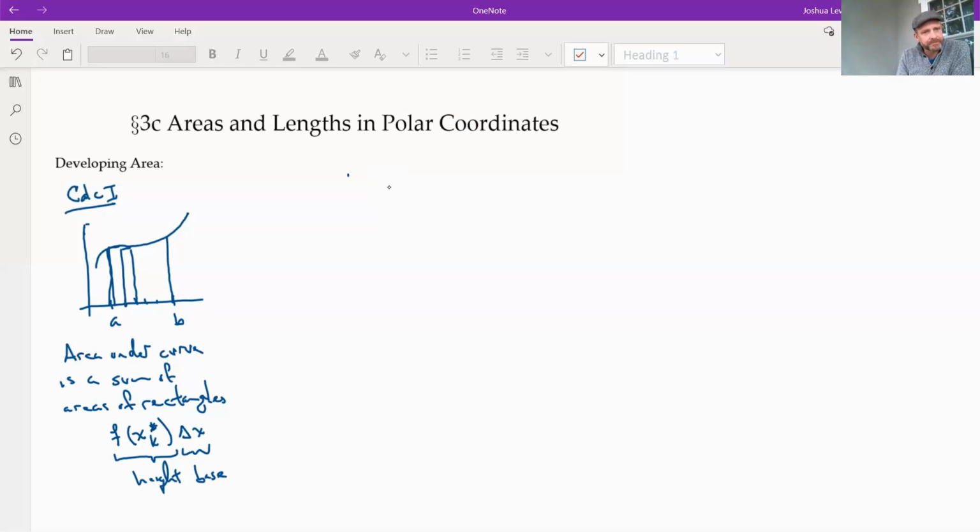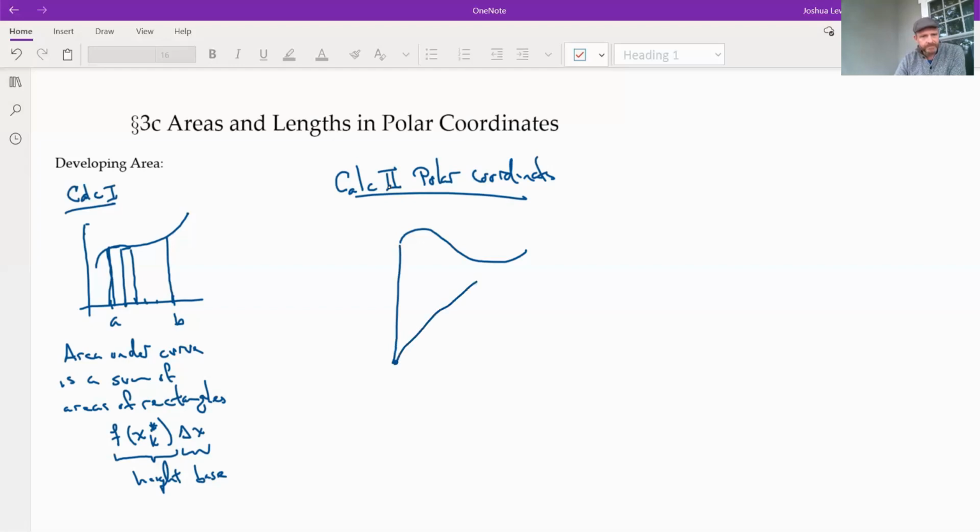Well, now, in Calc 2, at least in polar coordinates, we're finding the area of what's called a polar region. So you might have some curve, but now this curve is traced out by some radius.